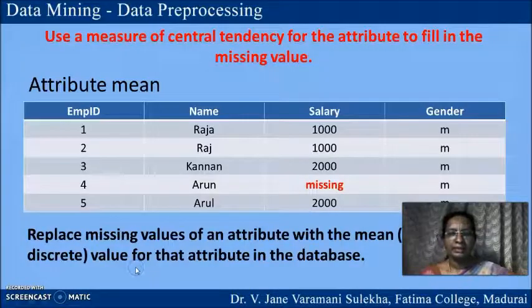The next method in handling missing data is use the measure of central tendency for the attribute to fill in the missing value. That is, replace the missing value of an attribute with the mean value for that attribute in the database. Here in the table, the fourth record's salary is missing.